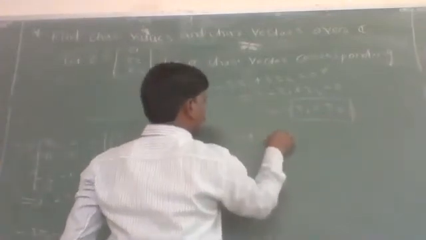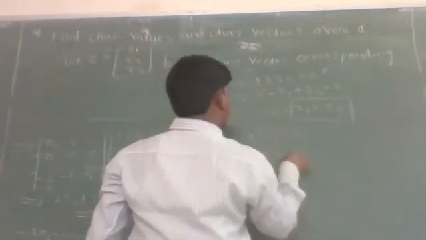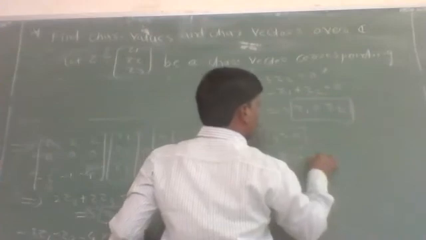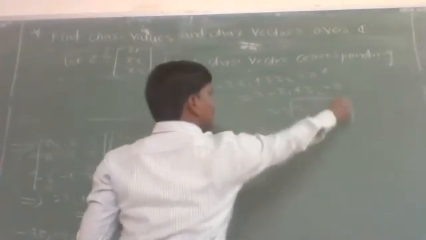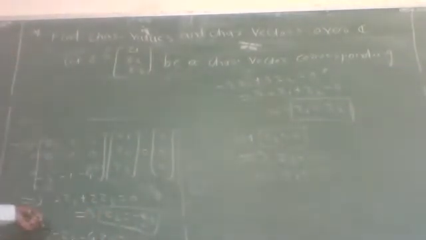So let z3 be equal to c. Then we get z3 equal to c, and z2 is nothing but minus of z3, which implies z2 equal to minus c, and z1 is equal to z2, which implies z1 equal to minus c. Okay.